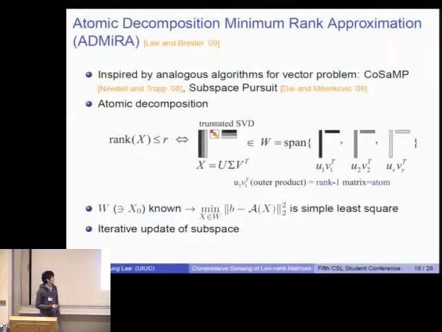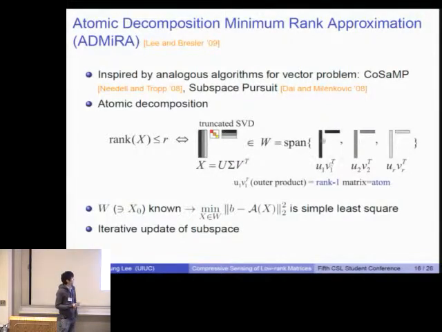First, we consider truncated singular value decomposition. It's a compact singular value decomposition without considering any zero singular values. Then we take the left singular vectors and right singular vectors and consider their outer product. The outer product of two vectors has a rank of 1.